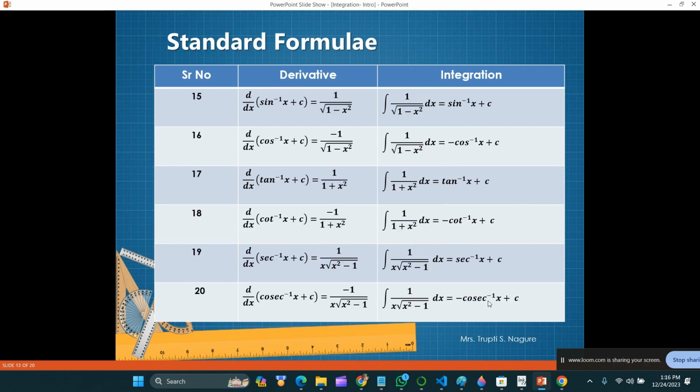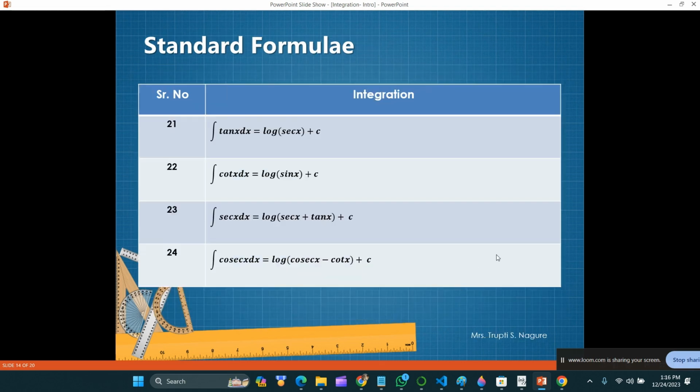Then next one, here also the same thing.